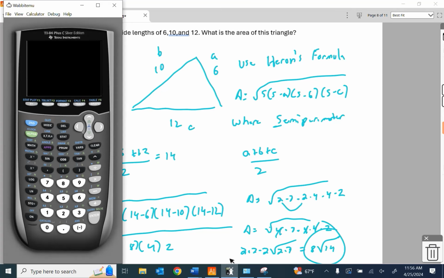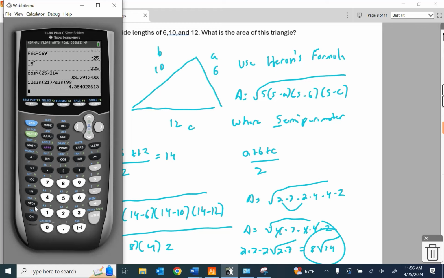I know some of you don't believe this magic that I do up here with numbers, but say you're only smart enough to push buttons. I would have 14, 14 minus 6, 14 minus 10, 14 minus 12, which is that decimal right there.